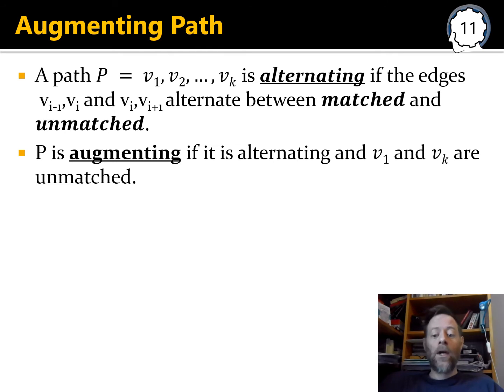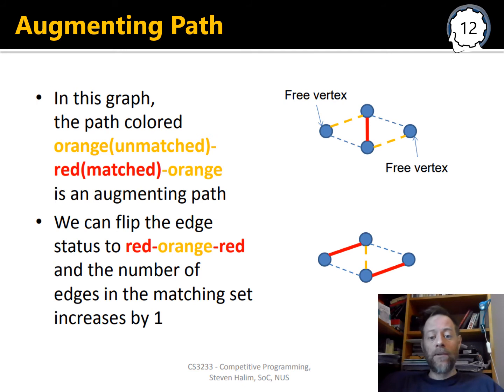So basically going from one unmatched node to another unmatched node, where every second edge is matched and every second is unmatched. Just to give an example, assume that we have an original matching on the top here. So we have 4 vertices and we have matched the 2 middle vertices with the red edge.